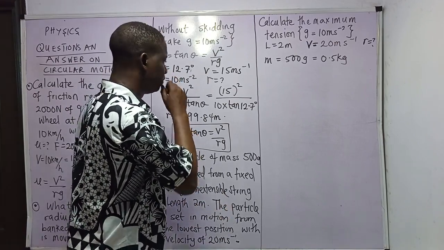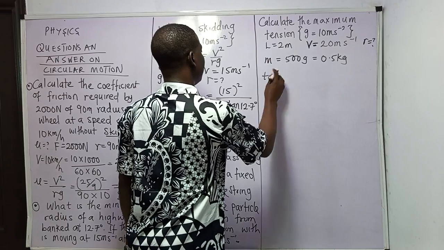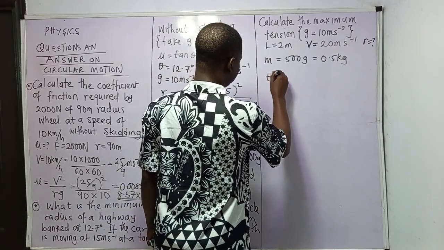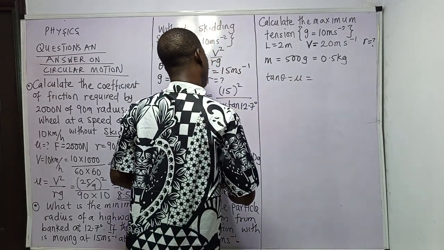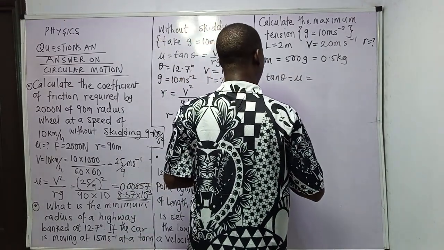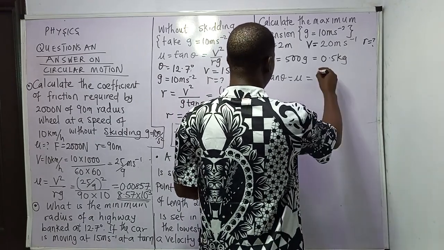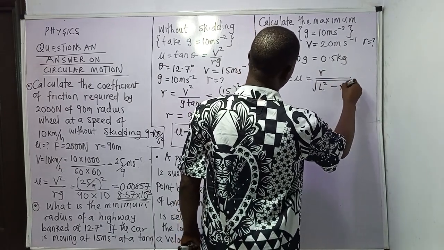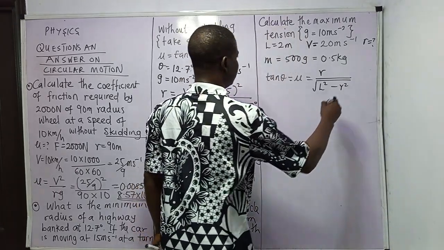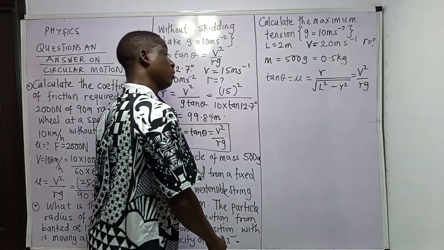Now, what we are going to do is use tan theta equals V square over RG, where tan theta is R divided by square root of L square minus R square. I gave this formula.